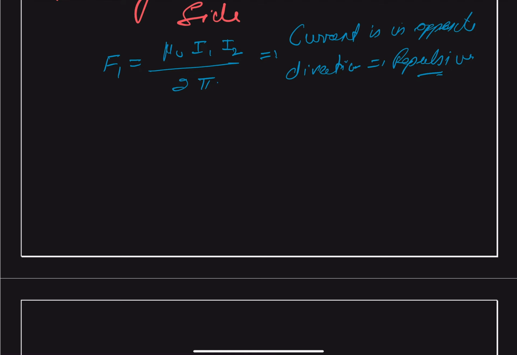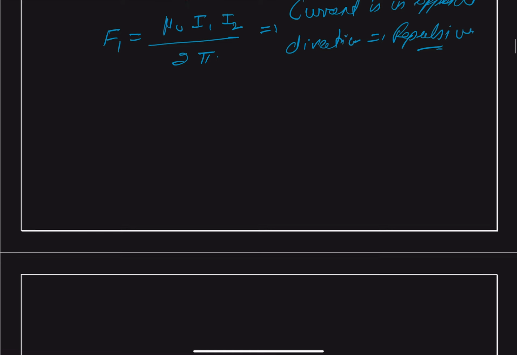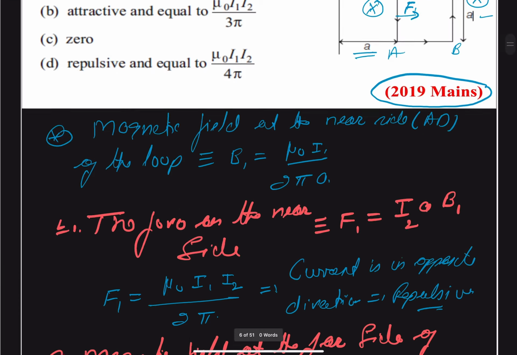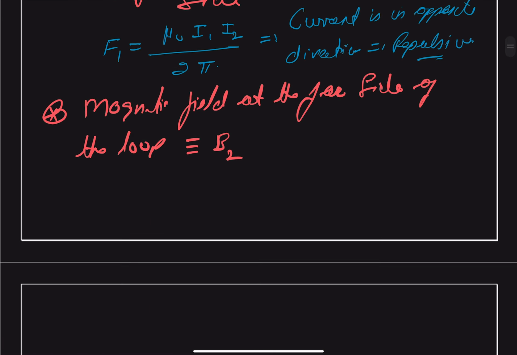Now we can find out the magnetic field on the far side of the loop. The far side of the loop, like we said, is a B2, and far side is our BC.